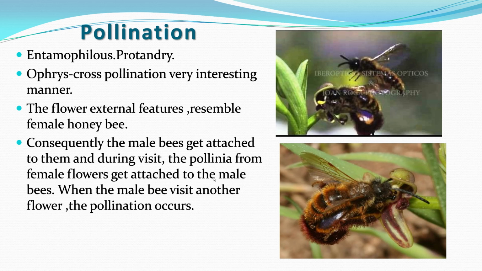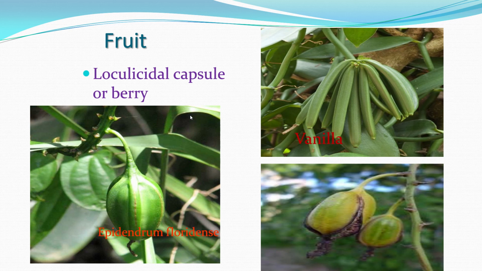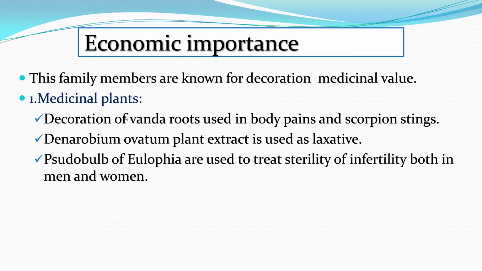The pollinia get attached to the male bee. When the male bee visits another flower, pollination occurs. That is cross pollination in this Orchidaceae family. In fruit, loculicidal capsules are present in the Orchidaceae family. In some species, berry type of fruits are also present.